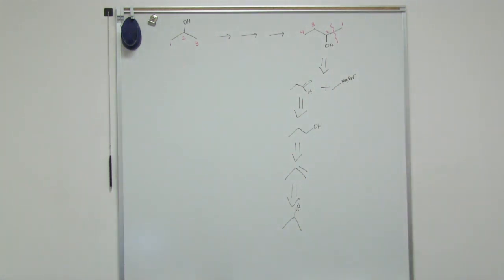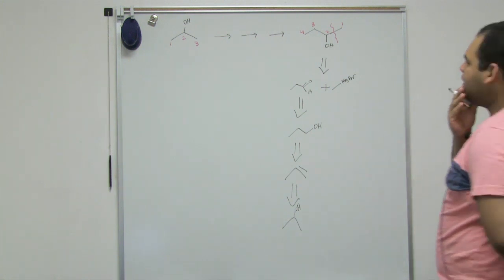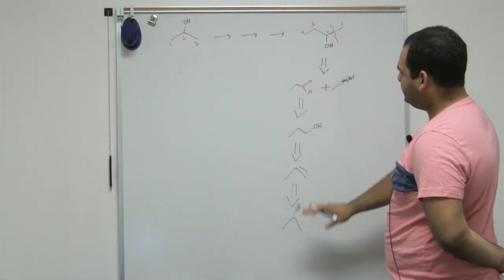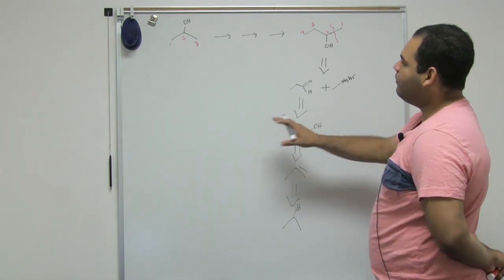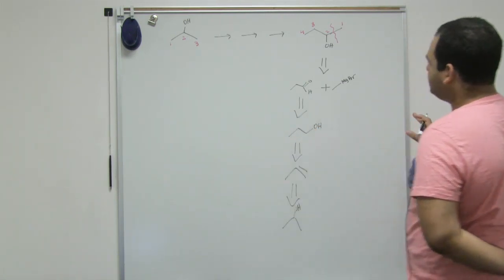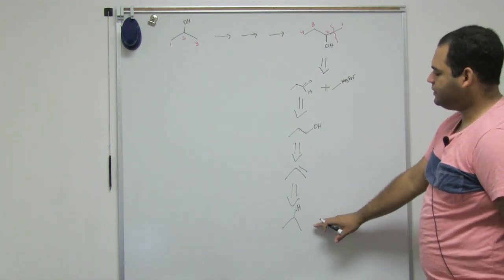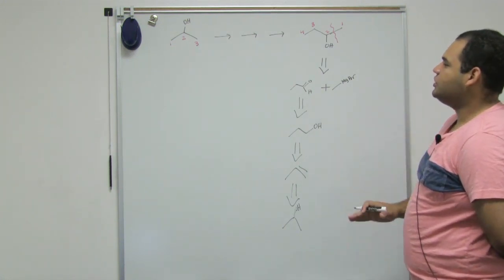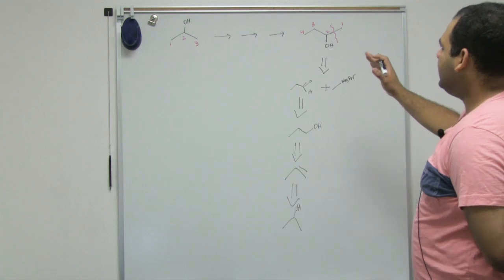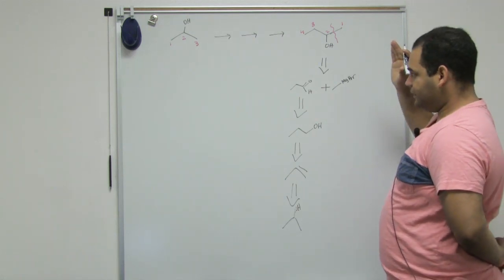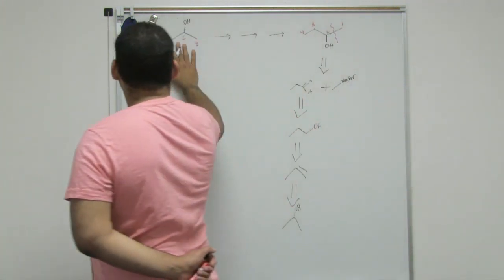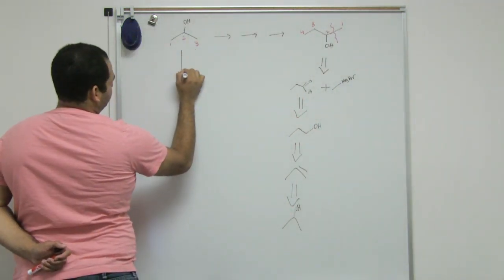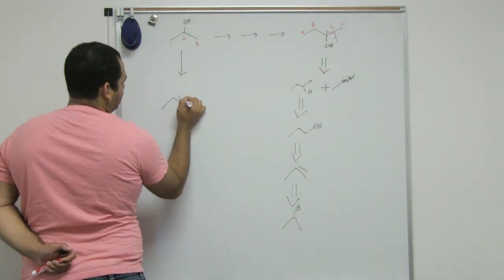Okay, so now that I've thought retrosynthetically, backwards, and I know how to synthesize it, I will do the forward synthesis to show all the steps and all the required reagents in order to produce this final product. I know my secondary alcohol, and the first step is making that double bond.